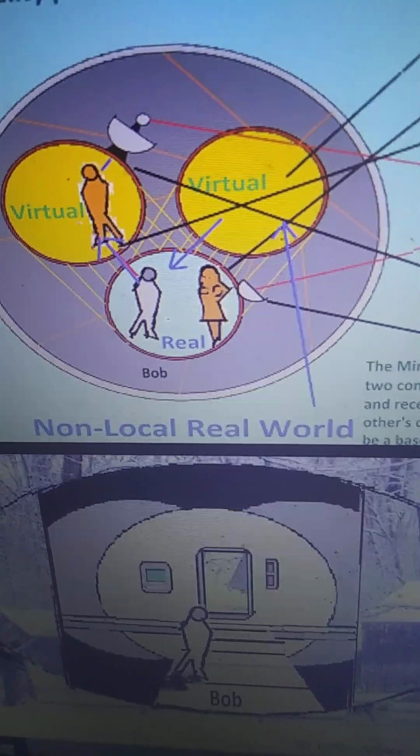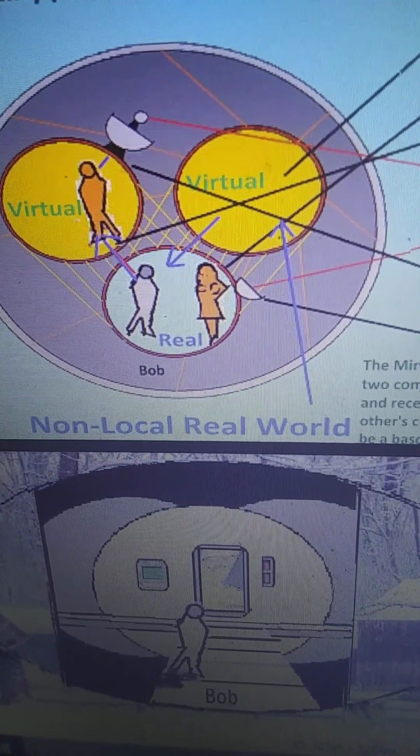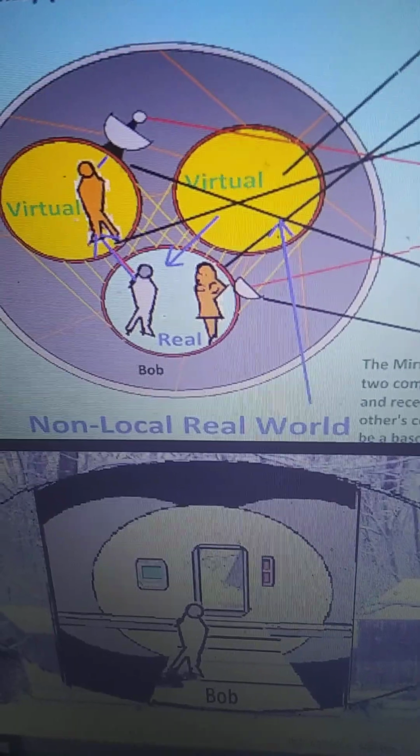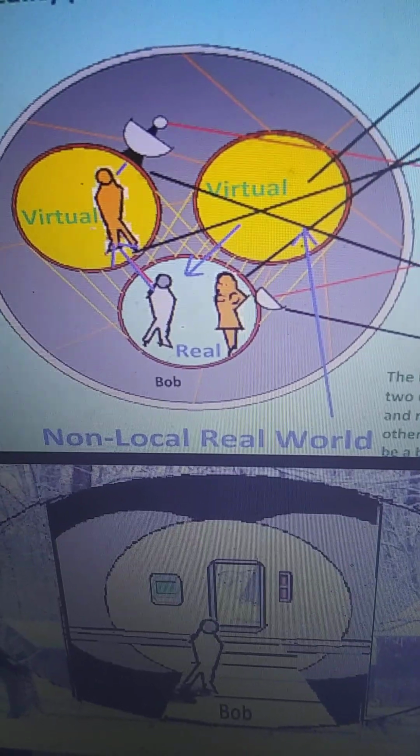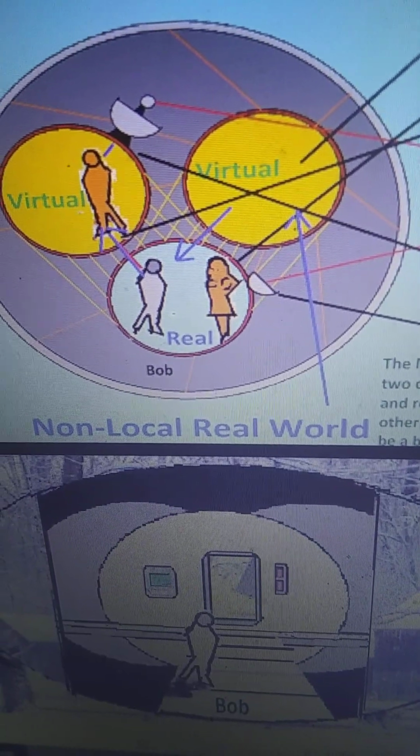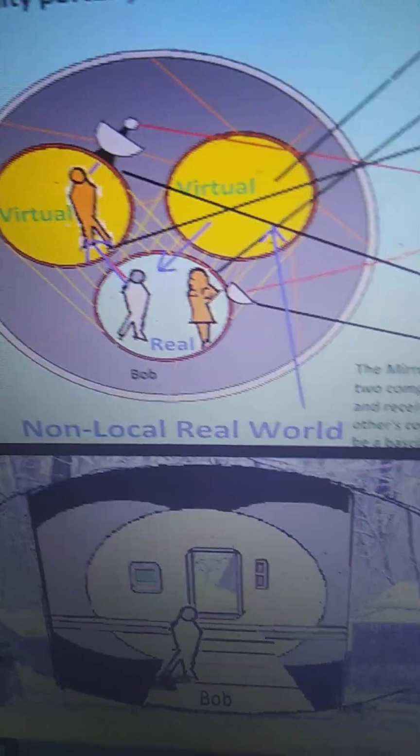By the way, nothing can exist in the yellow regions, no matter, just virtual light information. So that yellow person is him in reverse in virtual form in the secondary holodeck.